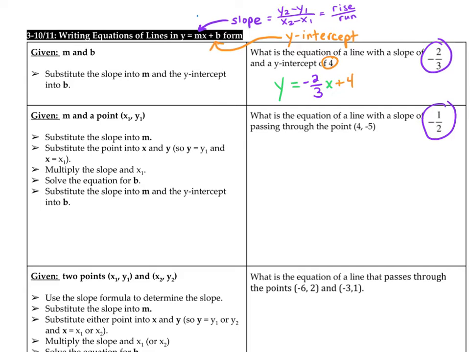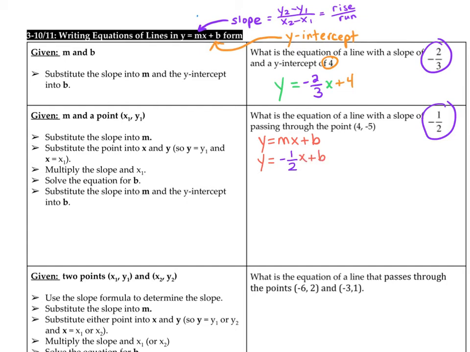So the first thing you're going to do is to write out the equation, y equals mx plus b. And then you're going to substitute the slope into the m. So then it would be y equals, and the slope is -1/2 x plus b.